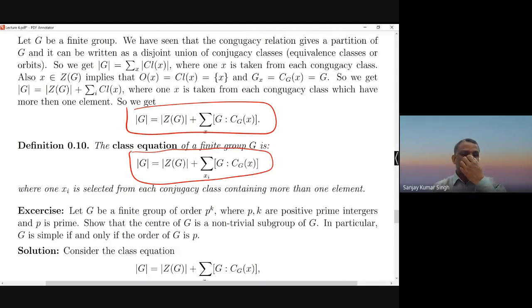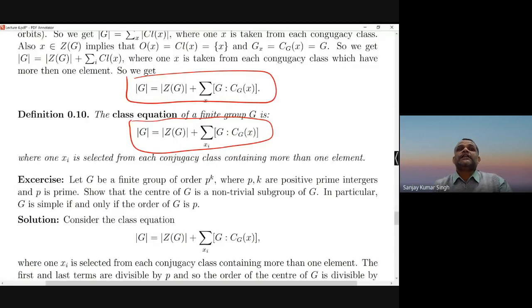Now one application in group theory: the main problem is to understand how two groups are different, or how to classify groups. It is of course very difficult to think about this problem.